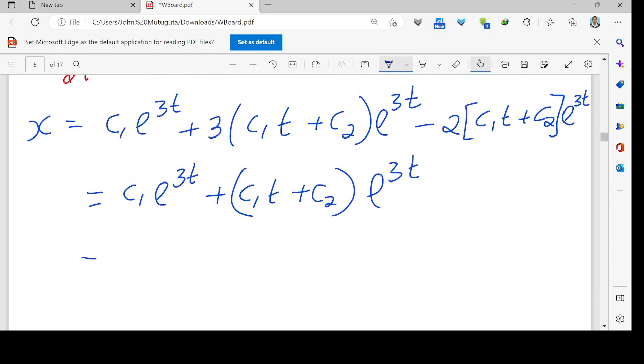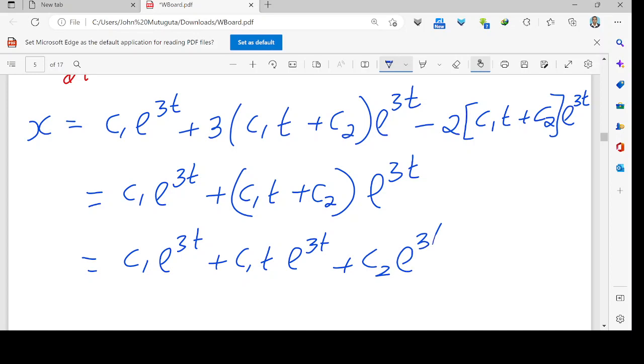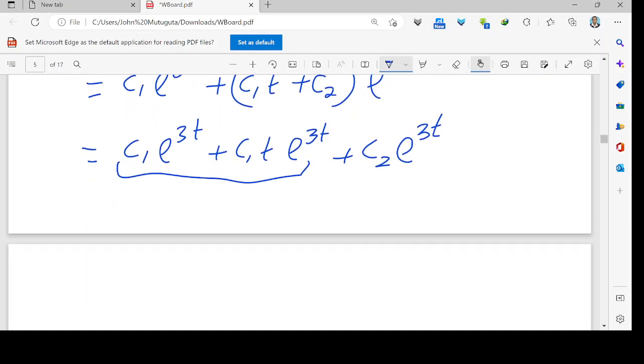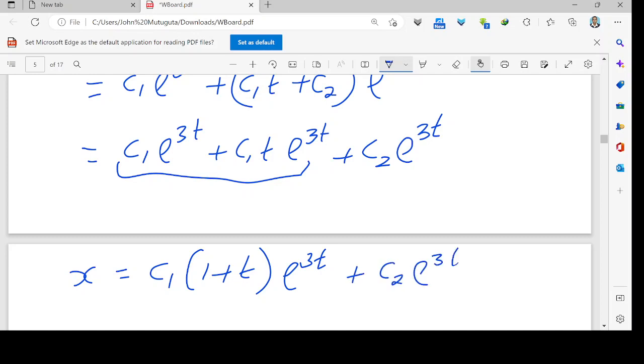I will expand this and write c1 e raised to power 3t plus c1 t e raised to power 3t plus c2 e raised to power 3t. Then I'll group the first two terms, so I'll factor out c1. Then I have (1 plus t) e raised to power 3t, and then plus c2 e raised to power 3t.